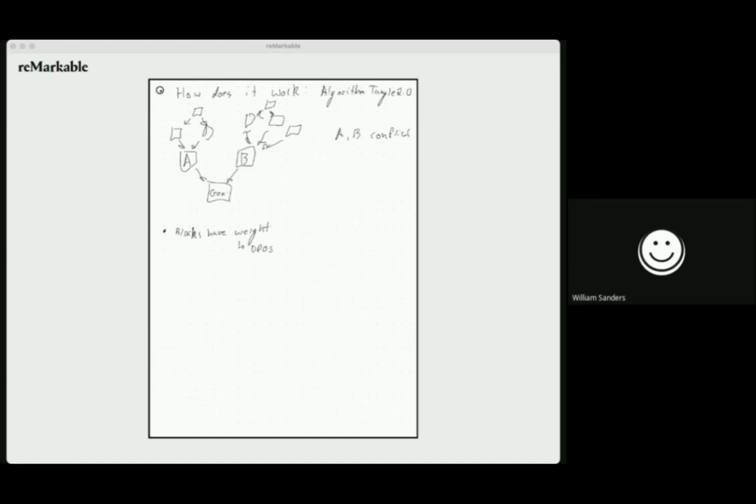It's sort of people who issue blocks that have high weight are basically people who have lots of stake delegated to them. All right, and then we count the weight approving a block. And then the heaviest wins.